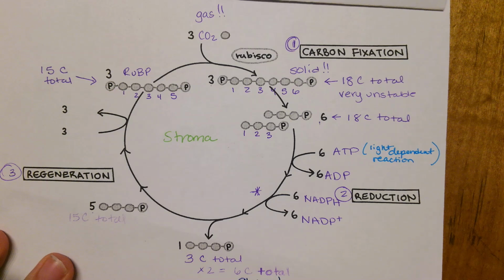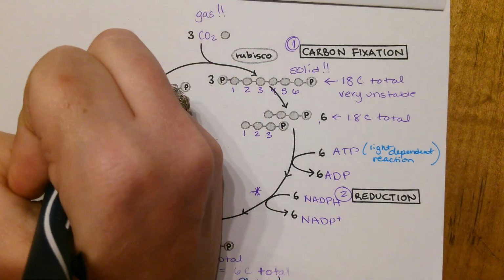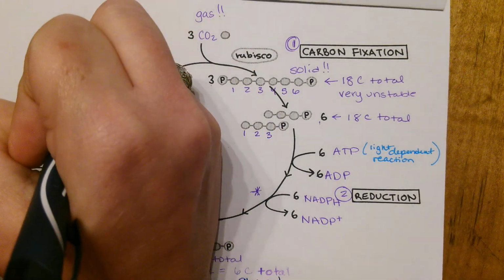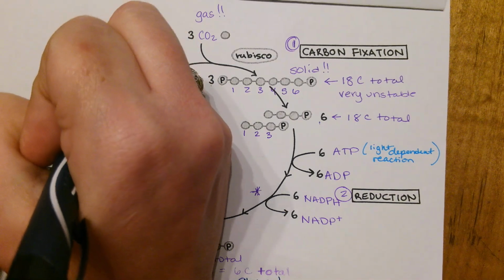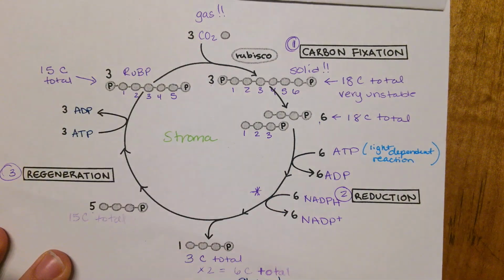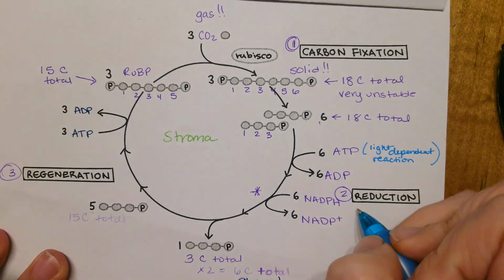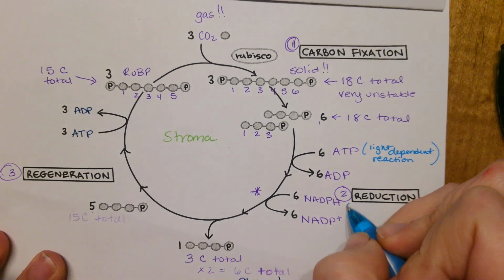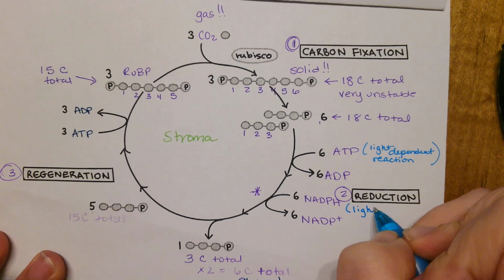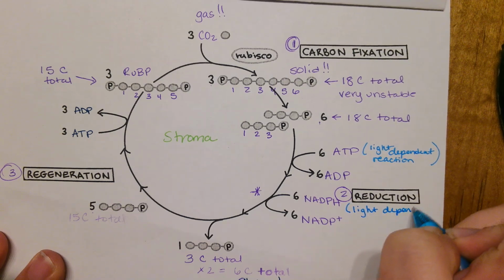So we're going to use our ATP and then form ADP over here, okay? All right, so I'm just going to make one more note over here. This NADPH is also from the light-dependent reaction.